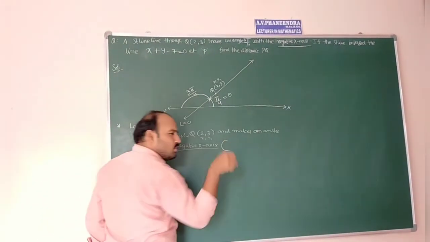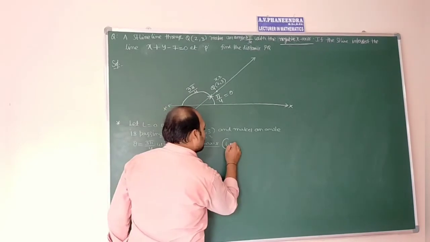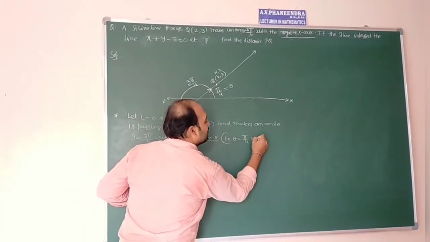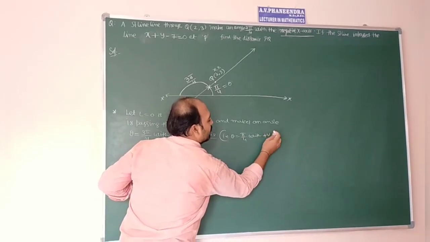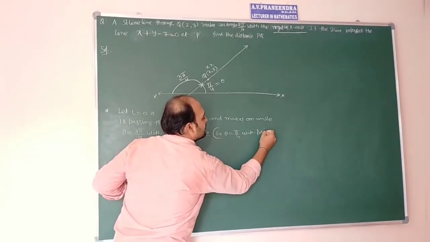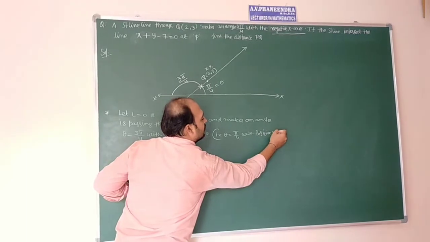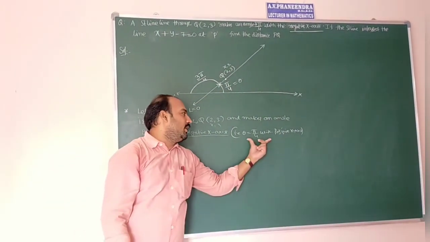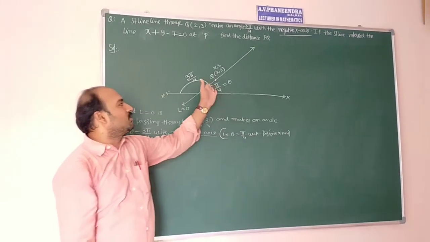Immediately in brackets you have to mention theta equal to pi by 4 with the positive x-axis. Observe the diagram in the video, and observe why it is theta equal to pi by 4.